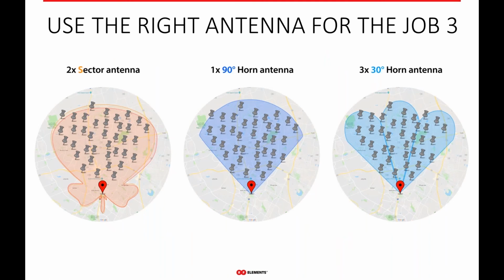The same thing happens with high density deployments. This is a situation where you may have multiple sectors covering the same exact area because you just need more AP capacity, right? This is the worst case scenario, where you have two sectors set at the same down tilt for the same coverage area.